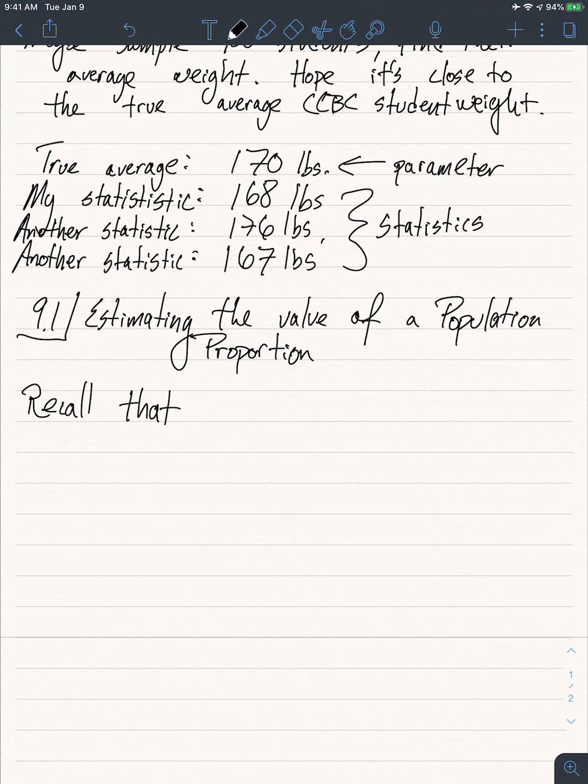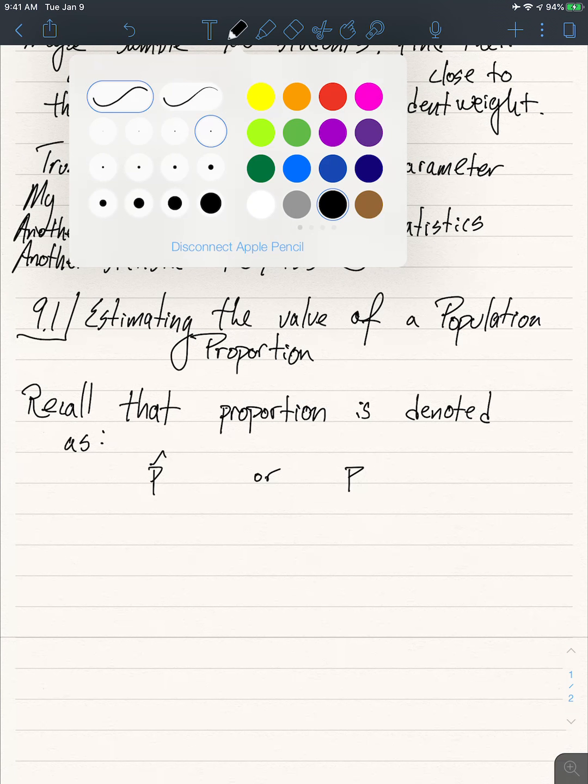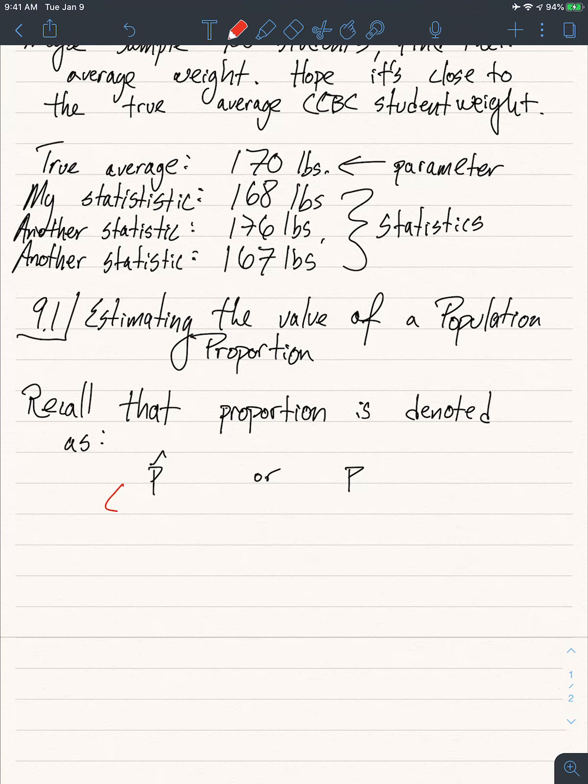We talked about the distribution of sample proportions. Recall that proportion is denoted, we have two ways to denote it, p hat or p. And what are the differences between those? Well, in statistics in general, the difference between notations is always going to be, this is the statistic version, right? This is what we found.